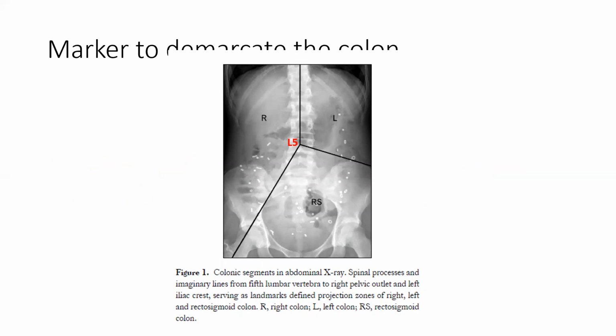We draw a perpendicular line along the spine superiorly, and then we draw a line from L5 along the pelvic brim downwards, the right pelvic brim downwards, and we draw another line from L5 towards the left anterior superior iliac spine. And from there, we can divide the colon into right, left, and rectosigmoid. So based on these divisions, we can calculate the total number of pellets that are retained in the colon.